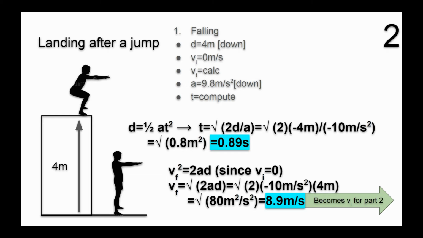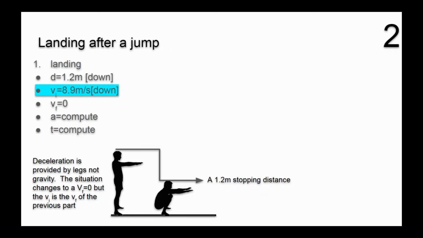What happens to this 8.9 meters a second? This becomes the initial speed in the second part of the problem. The second part is a brand new problem. A man hits the ground at 9 meters a second. He crouches for a stopping distance of 1.2 meters, and he winds up coming to a halt in that time.